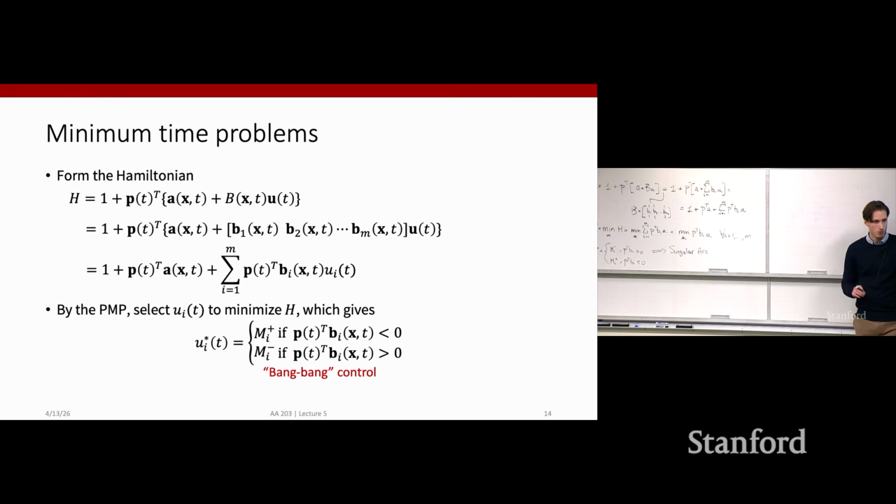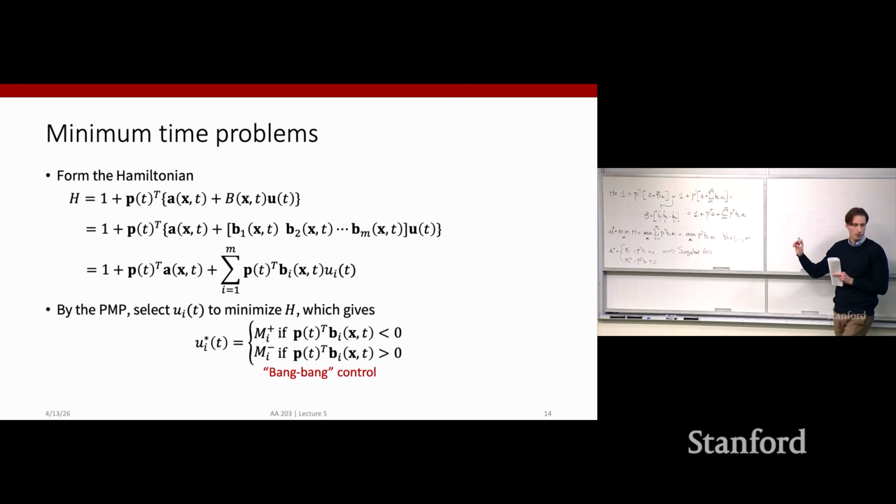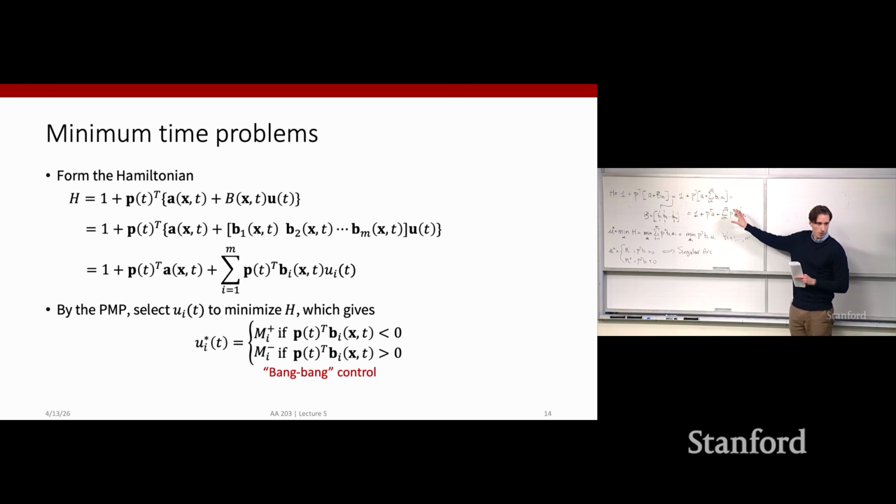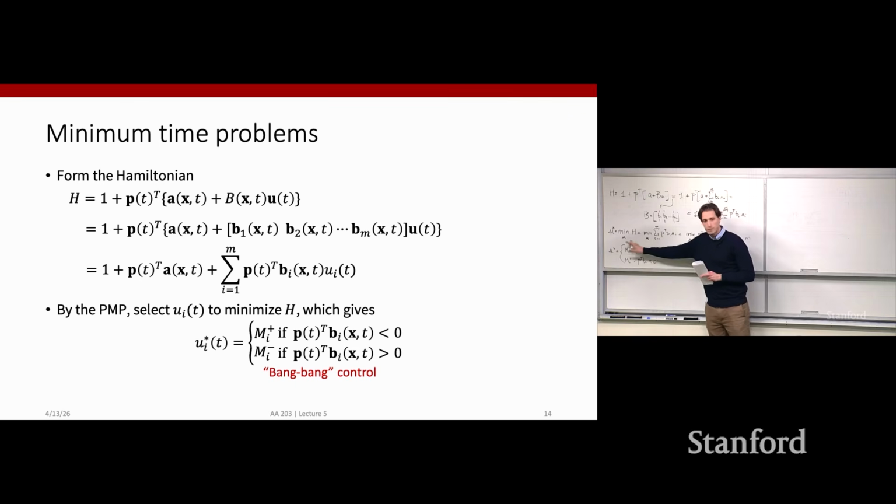We have an optimal control problem, and we follow the recipe. The recipe entails defining the Hamiltonian, and then enforcing the optimality conditions. The way we mechanically go through the optimality conditions is by starting from the third one, which is in this case, finding U's that globally minimize the Hamiltonian, which leads us to this.